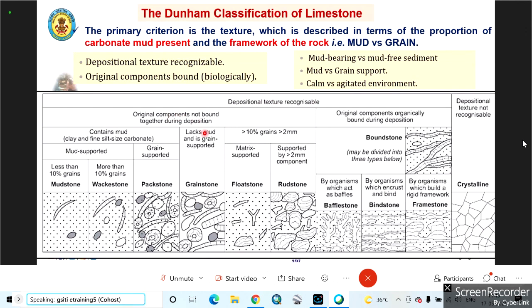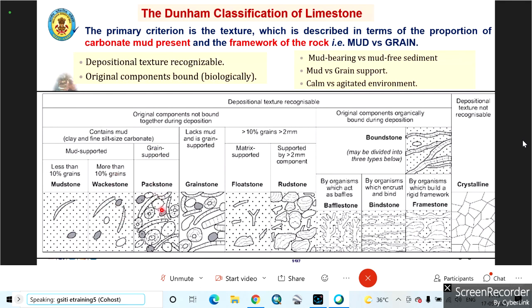So these categories were not bound during the deposition, and afterwards, in the subsequent phases of deposition, have been bound. So under that, on the basis of the presence of mud and lacking of the mud, this has been characterized as a grainstone. And when it is mud supported, less than 10% grain is the mudstone, more than 10% grain is the wackestone. When it is totally grain supported, that is the packstone.